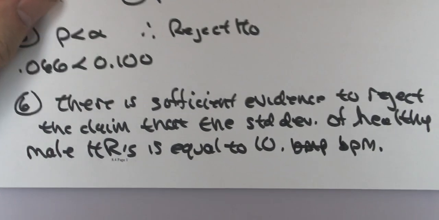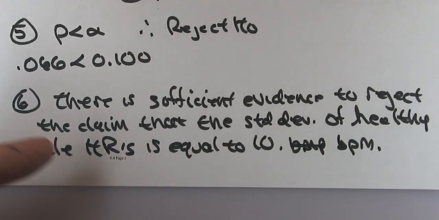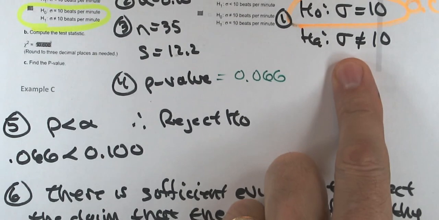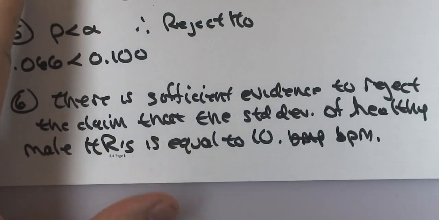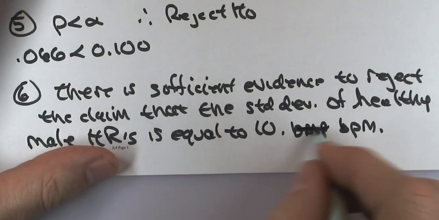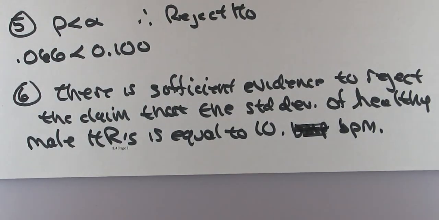Awesome. Notice that I don't have any parameters here. There's nothing about sigma. There are no symbols like equals or less than symbols. It's all just written out in words that relate back to the problem. So please, this is exactly the way I expect it.